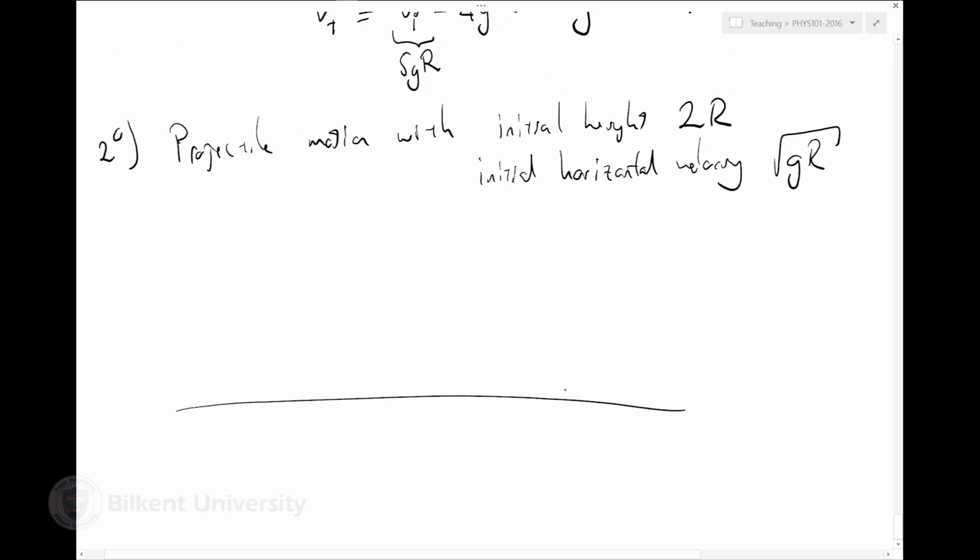So if this is my x-axis, this is my y-axis, my initial position is 2r along y, and my initial velocity is square root of gr in the positive x sense, the way I drew the axes.